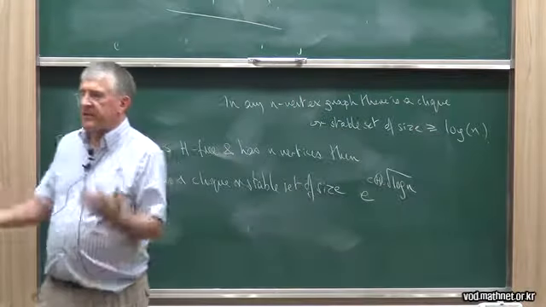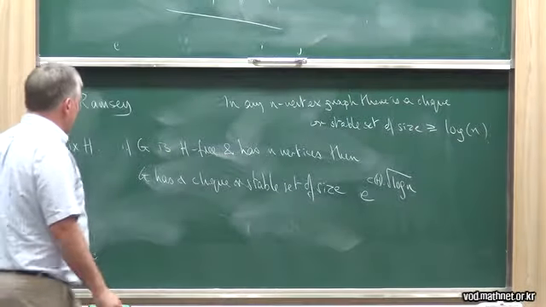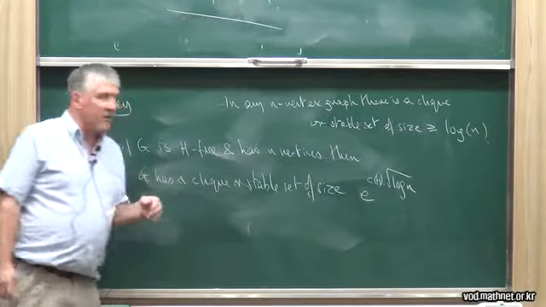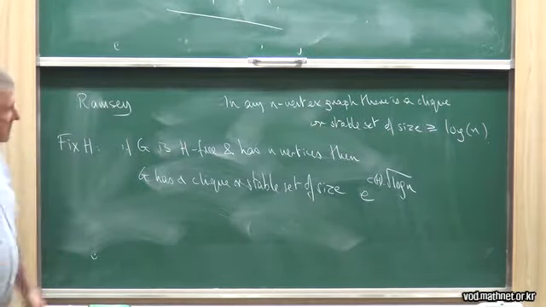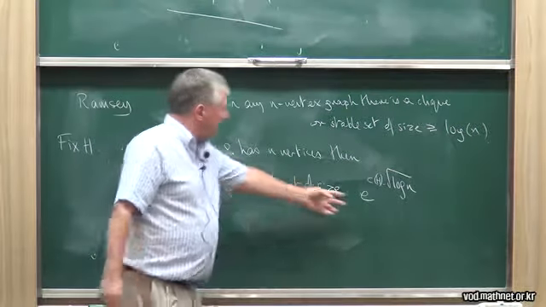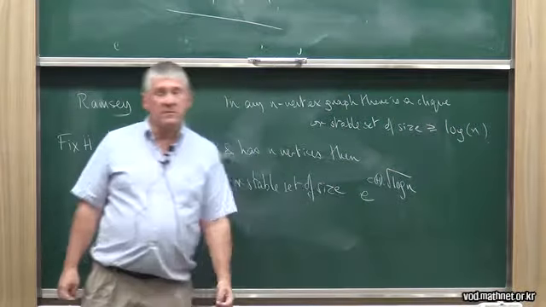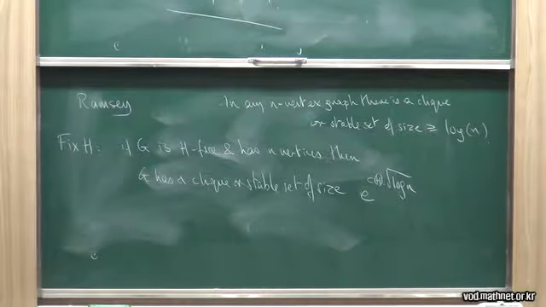Well, how exactly do you make that precise? One way to make it precise is if you exclude a graph, so that guarantees you're not using random graphs, then now the clique or stable set is much bigger. And there's a conjecture called the Erdős-Hajnal conjecture.